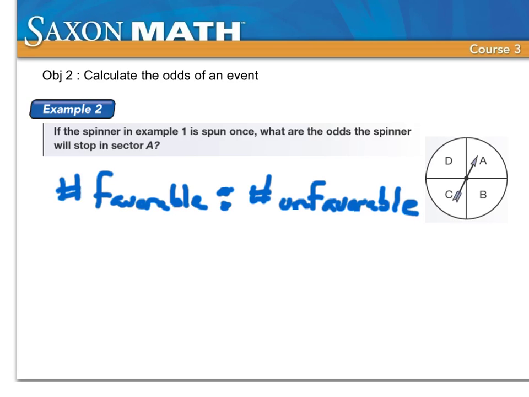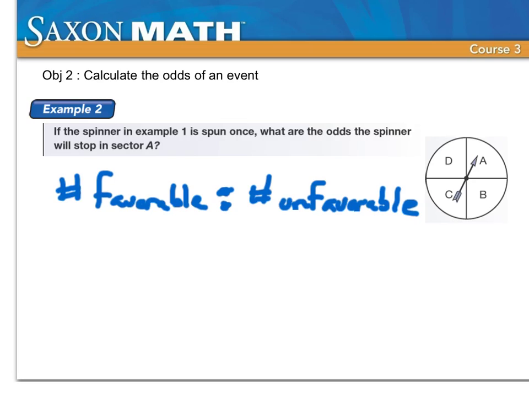We're going to write this as a ratio. Remember we talked about ways to write a ratio: we could write them as a fraction, as a decimal, or with the word to, like 3 to 4, or with this little colon. So we're going to use the colon to represent odds.